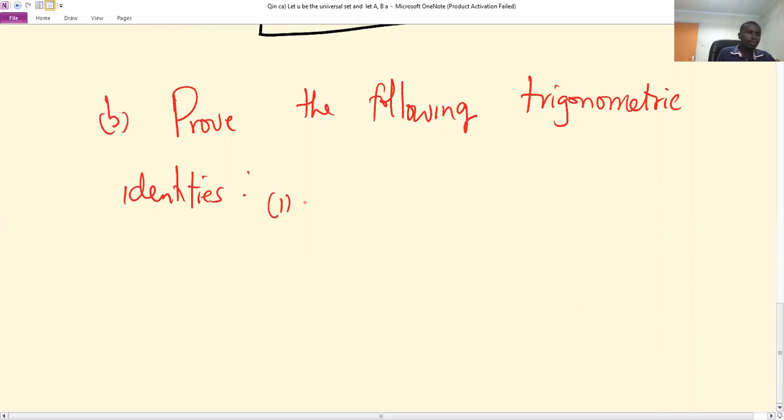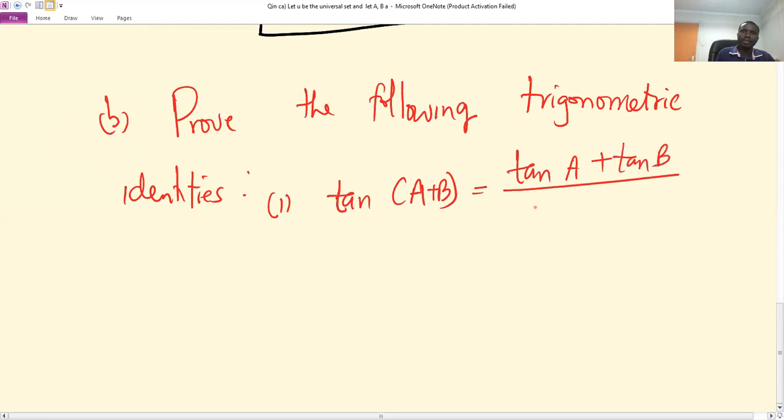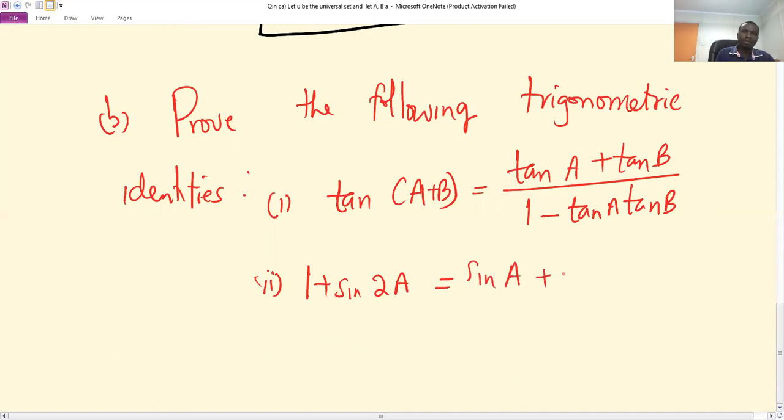So the first trigonometric identity was tan of A plus B is given by tan A plus tan B over 1 minus tan A tan B. And Roman 2 was to show that 1 plus sine of 2A is equal to sine of A plus cosine of A, squared.